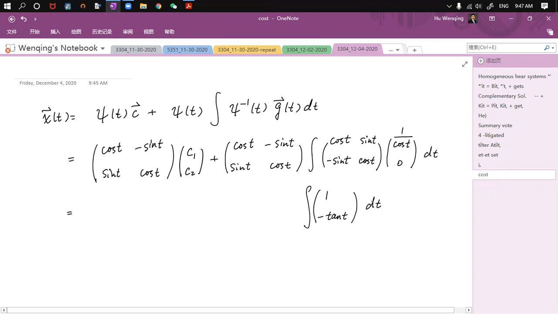Okay, and if you integrate this object, it's the same thing as integrating inside the integral: that's going to be 1 dt and the integral of tangent. If you integrate 1, you're just going to end up with t. We're not worried about the constants of the antiderivative because they're not going to hurt us. So what is the integral of tangent of t?